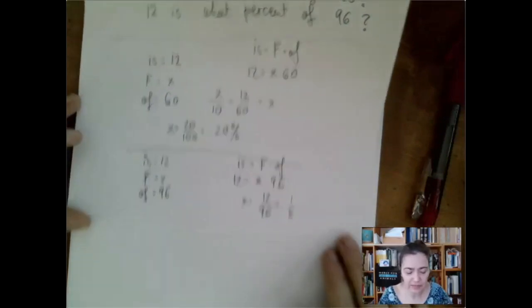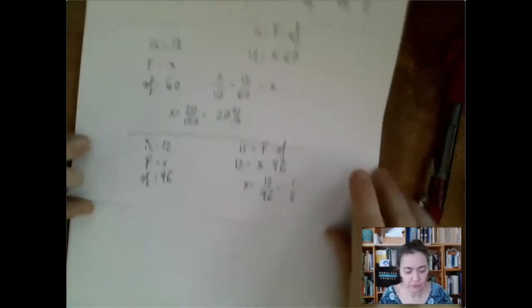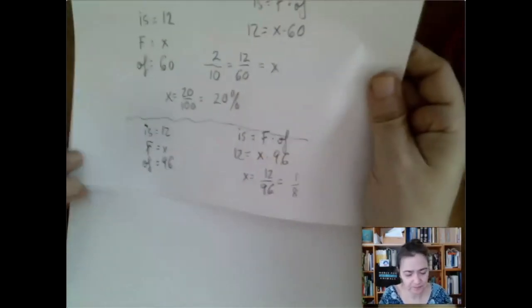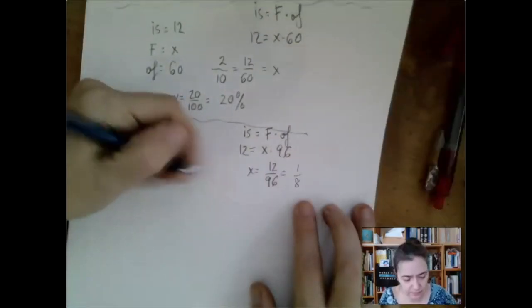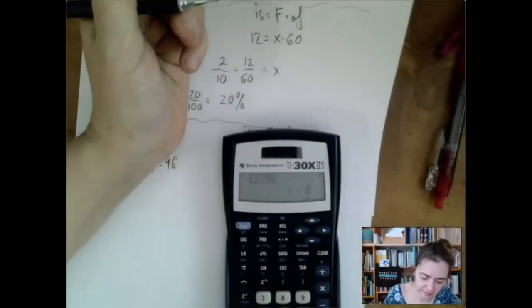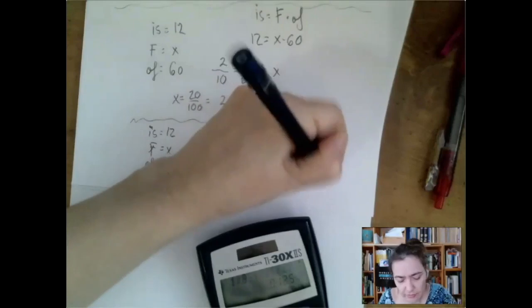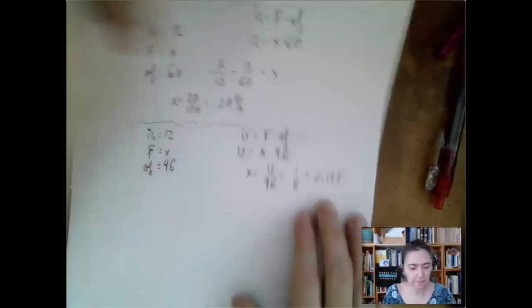So then my recommendation is go to decimal and then scale up, since 1 is a lovely denominator. So 1 over 8 is 0.125.